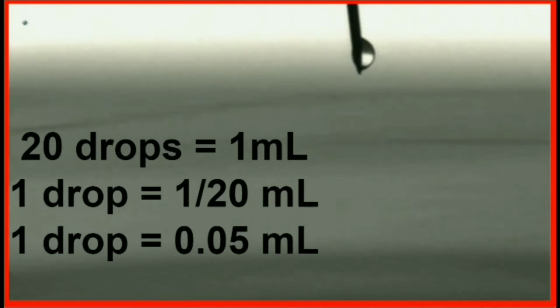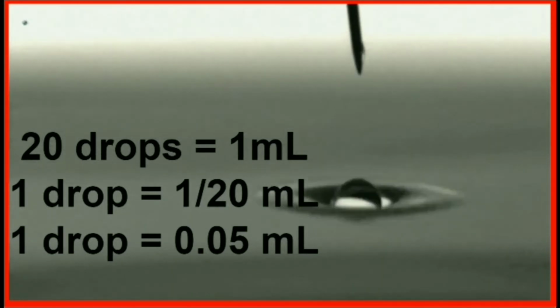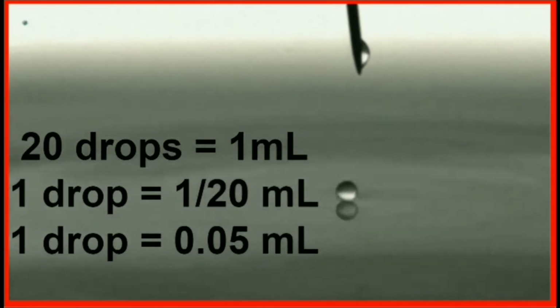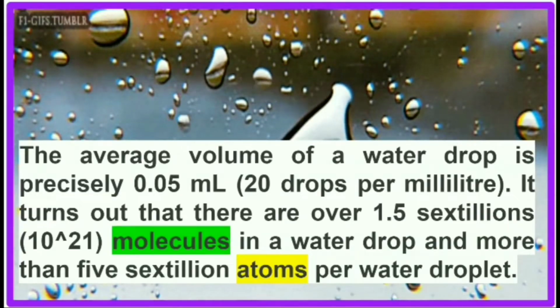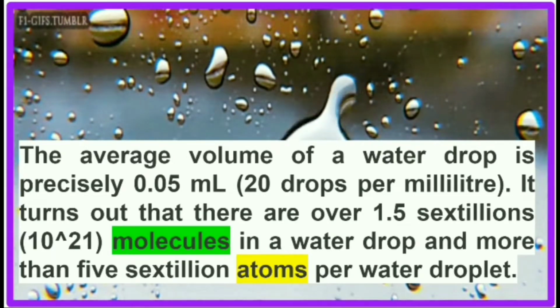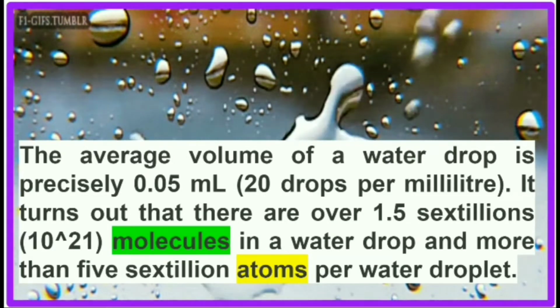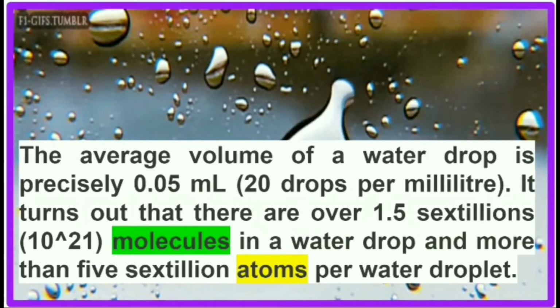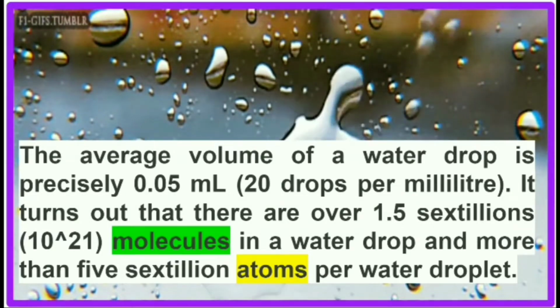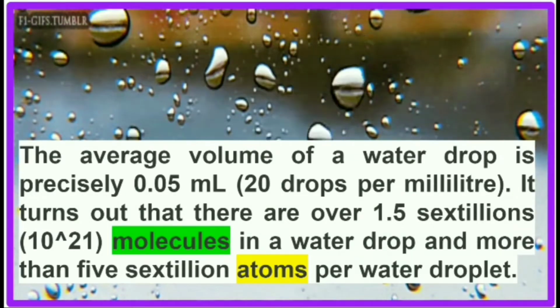Therefore, 1 drop measures 0.05 milliliter of water, and this 0.05 milliliter is the average volume of a water drop. In a water drop, there are 1.5 sextillion water molecules and more than 5 sextillion atoms. 1 sextillion is equal to 10 to the power of 21.